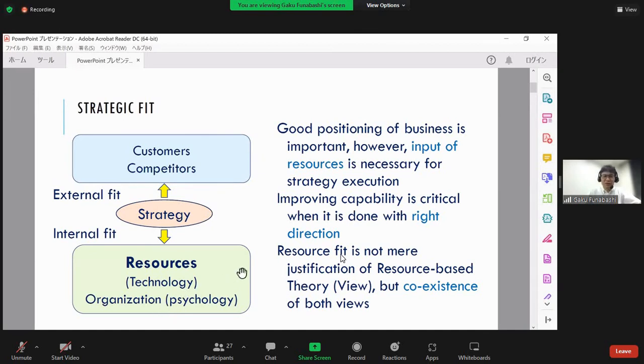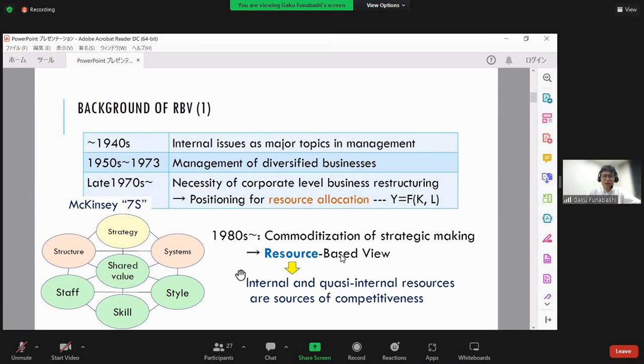Okay? Now let's think about the resource view, but let's look back at the brief history again. In the 1950s, in the United States, it was the golden years of the economic boom. So many companies expanded their businesses, diversified businesses. But in the 1970s, because there were oil shocks, the oil crisis, the economy slowed down.